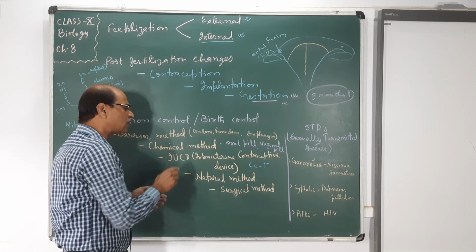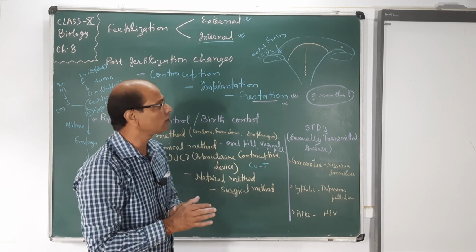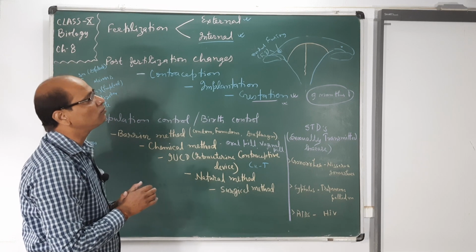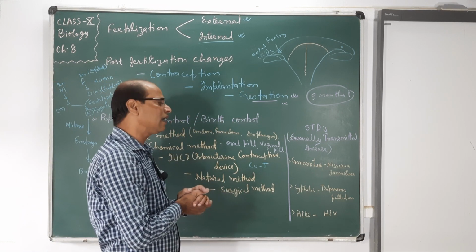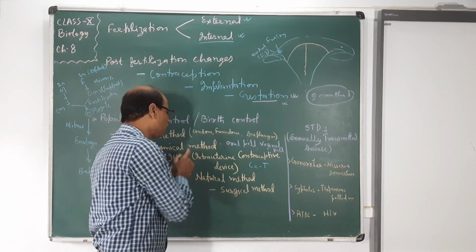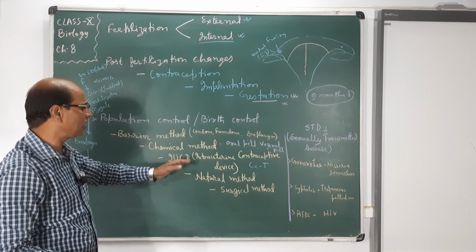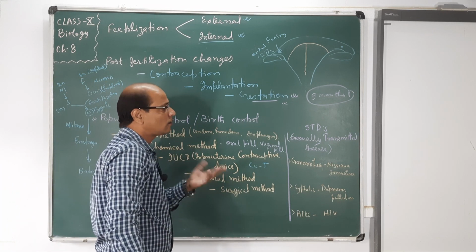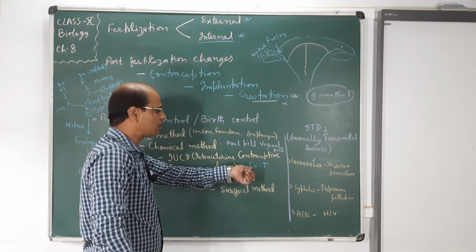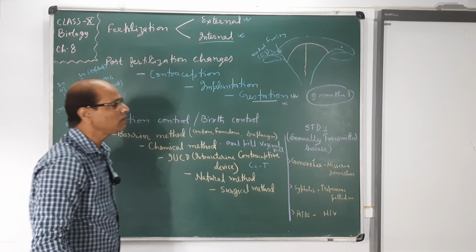IUCD is also safe, but it may irritate the place, and it may be infectious also. After the chemical methods they are better, but really this is also some outside substance inserted in the body, and it may harm also.